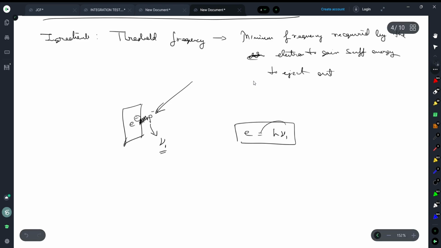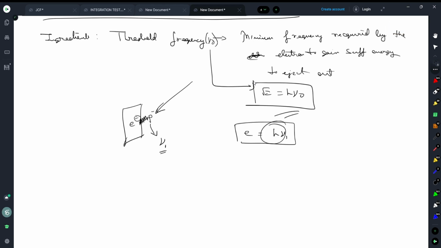But this particular frequency is not sufficient to energize the electron enough to come out. Threshold frequency is that particular frequency which provides the energy h nu naught to the electron, the boundary frequency which gives the electron just sufficient energy to come out of the metal surface.